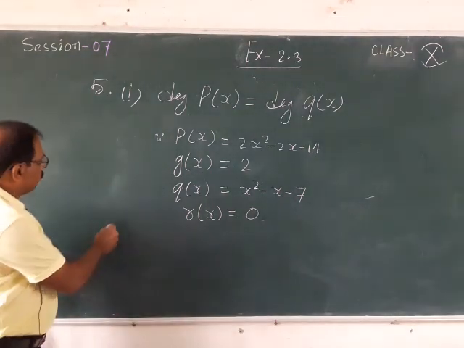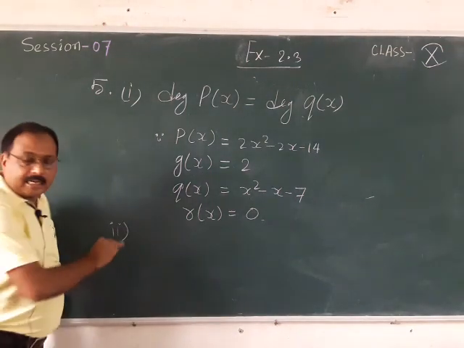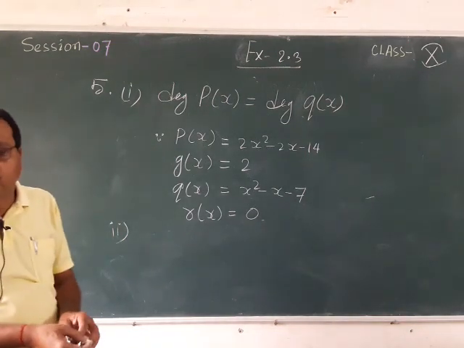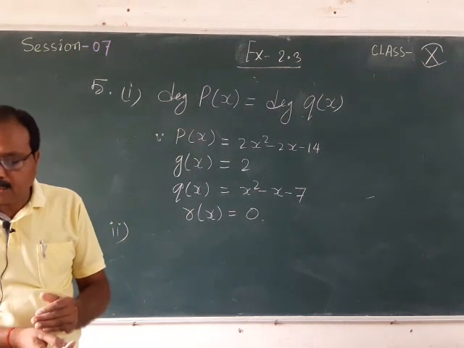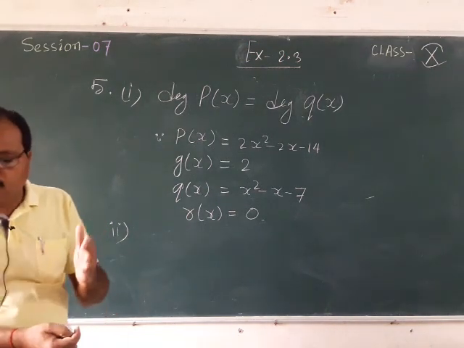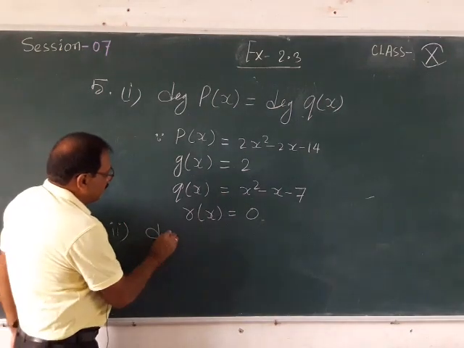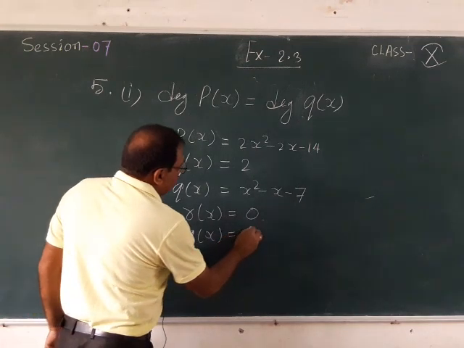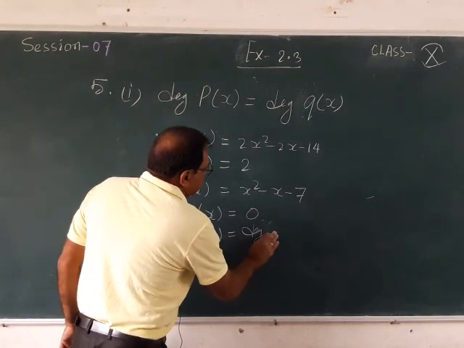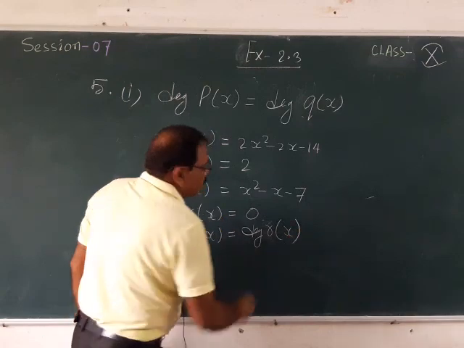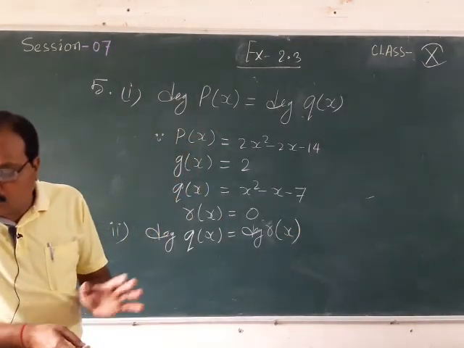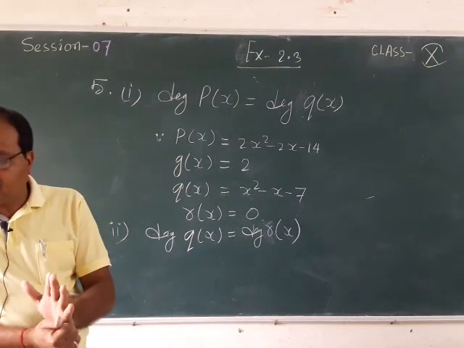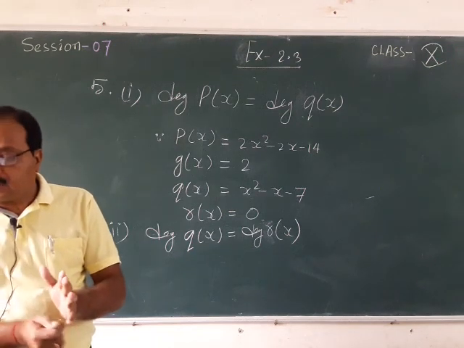Now, I am talking about question number 2. In the second question, what is given? Degree Qx equal to degree Rx. The degree of Qx and the degree of Rx, both degrees should be equal. That means the degree of quotient and the degree of remainder are the same.